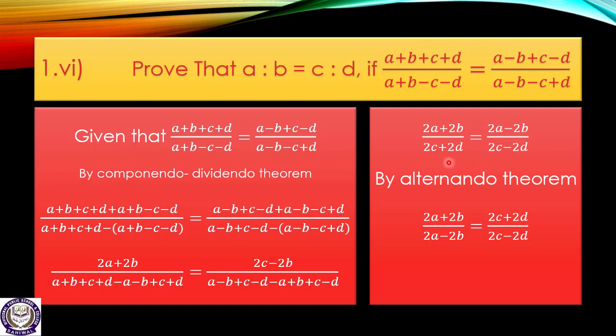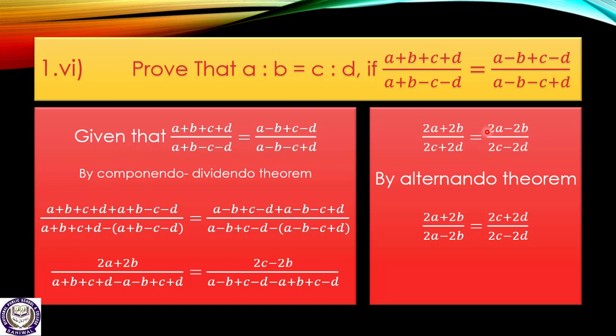My dear students, as you can observe, on this side we have a, b, c and d, all the four values, and on the right hand side we also have the four values a, b, c and d. To get two values on each side, we can interchange the places of these two terms, 2c + 2d and 2a - 2b.